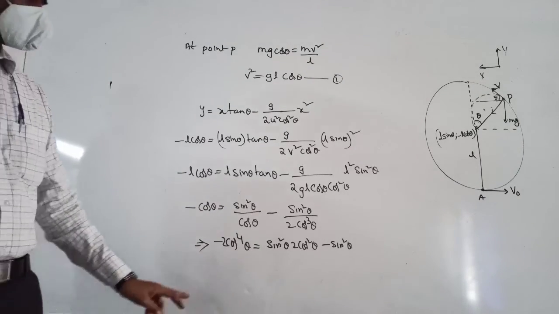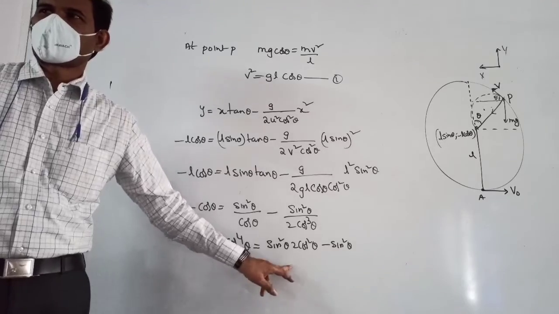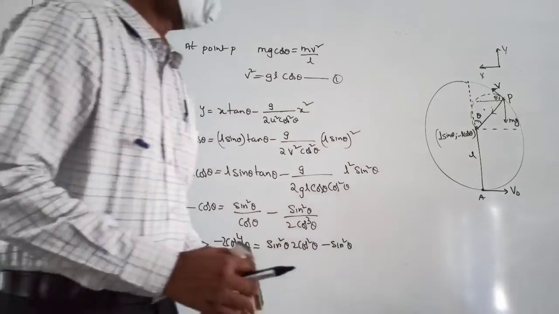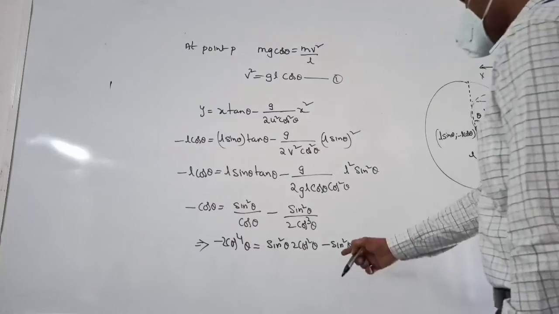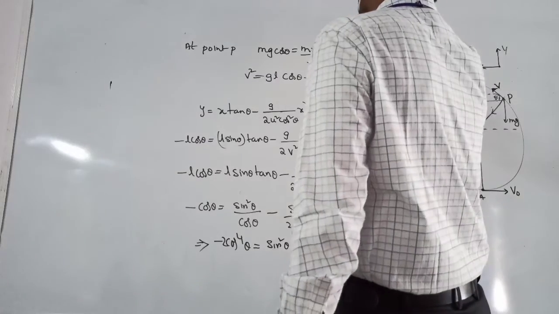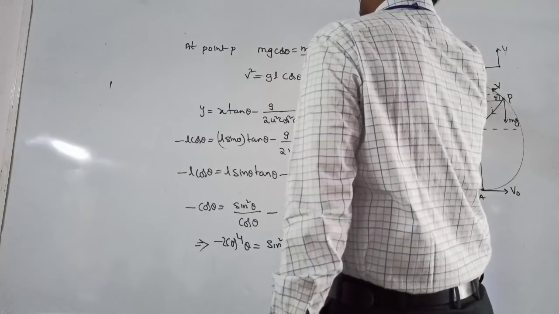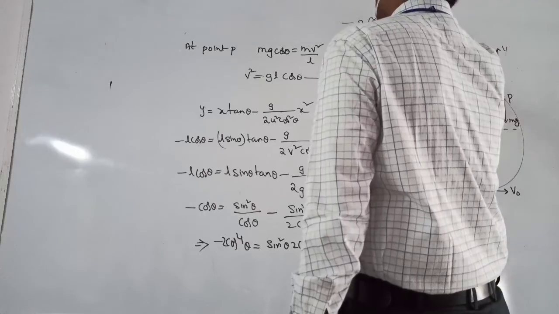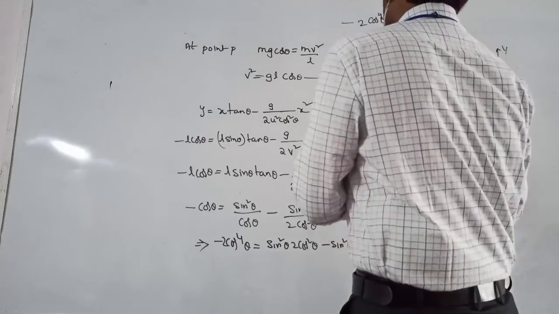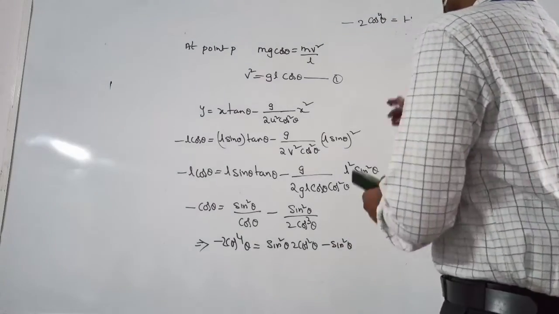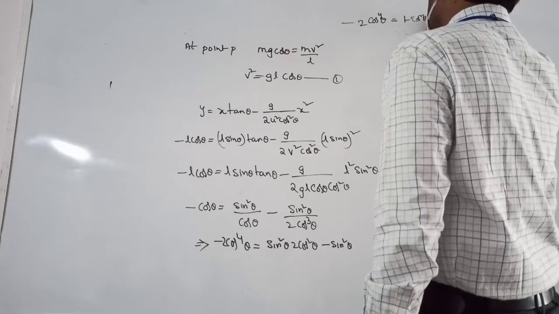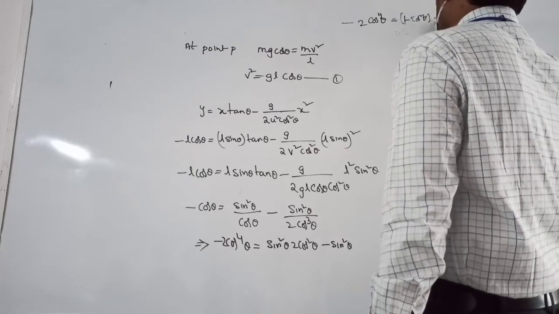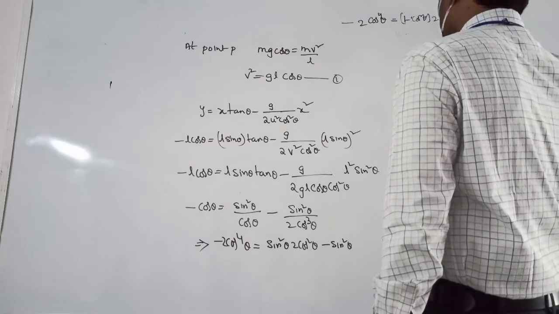So I will write here: minus 2 cos power 4 theta is equal to 1 minus cos square theta into 2 cos square theta, minus again 1 minus cos square theta. So the sin square terms I am converting into cos.